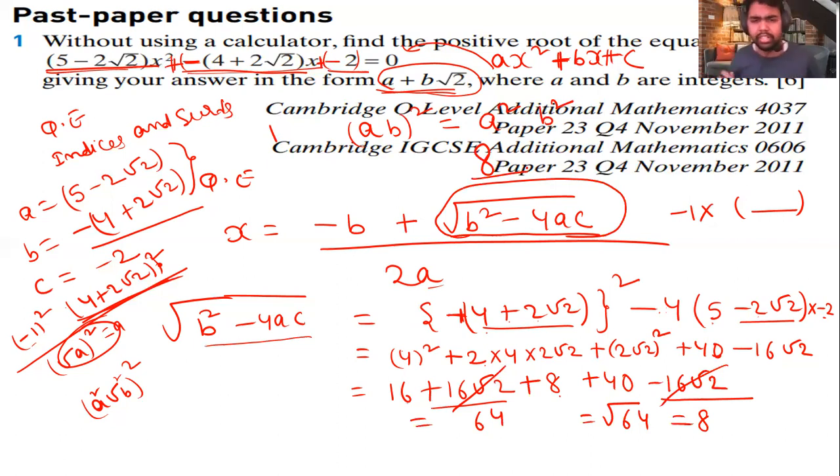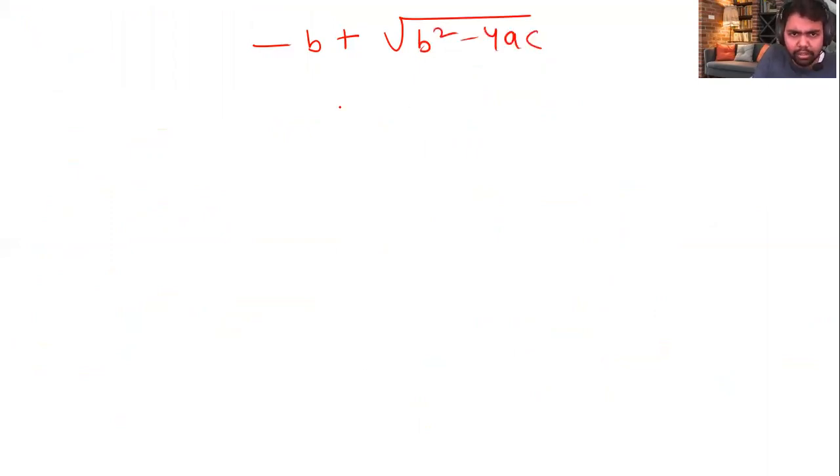Now we are going to the next step. Now we are just going to put everything in this formula, okay? So my formula is minus b plus root over b square minus 4ac, whose value I know right now, and we have 2a like this. Try to understand. I'm going to solve for x, okay?